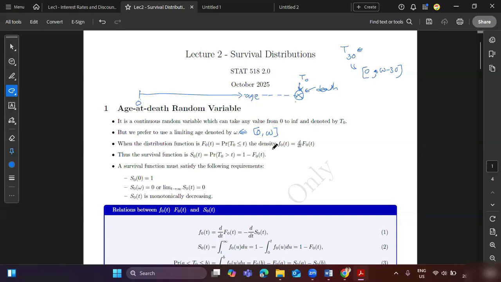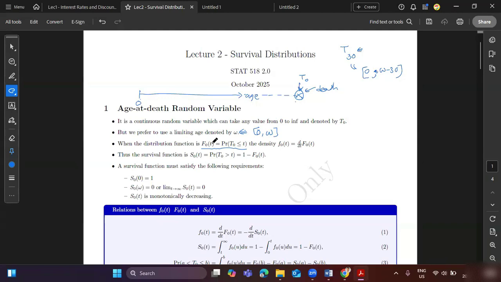Since we are interested in the survival distribution, as I mentioned, if survival occurs, the other event is death. And in distribution theory, the cumulative distribution function gives you this relationship, which is the probability that your random variable is less than or equal to some value. That value is t here because it's time.